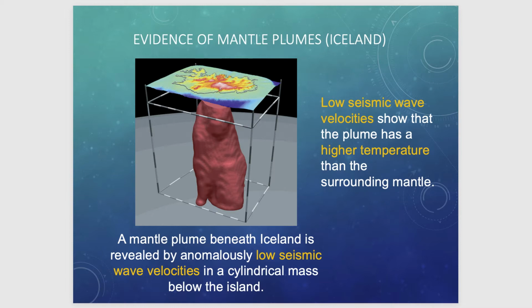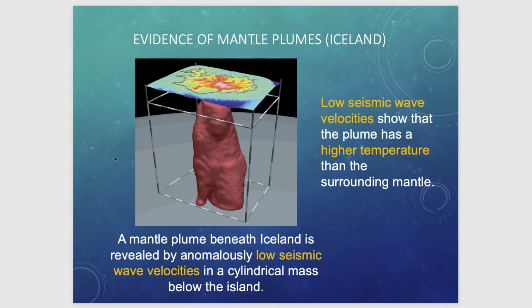And so they can map out this volume that is at a relatively higher temperature compared to the surrounding mantle. You can see that this is a relatively deep process which forms this hot column of magma that is upwelling and resulting in extensive and continuous volcanism on the surface of Iceland.